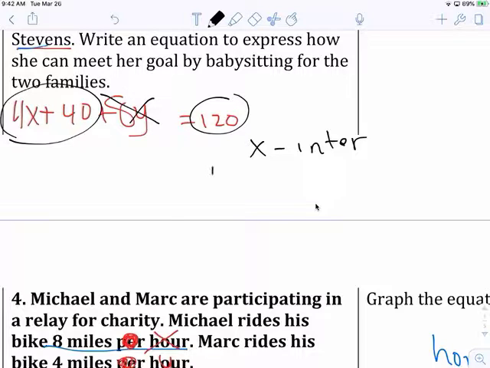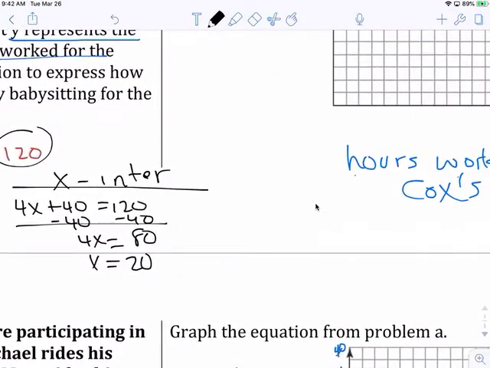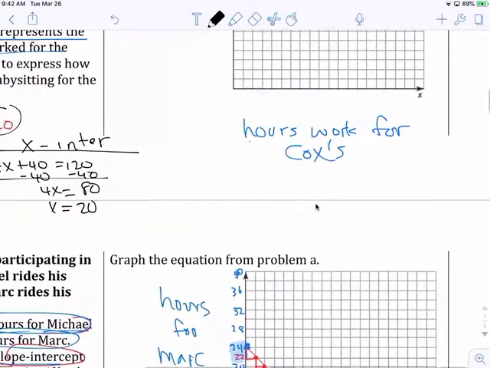Okay, so 40x plus 40 equals 120, minus 40, 80, x is 20 hours. So x is 20, so 20, 0.